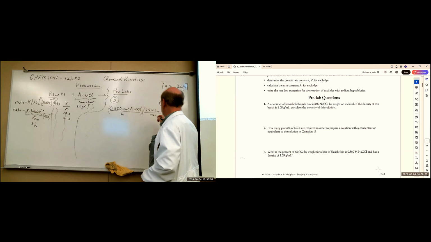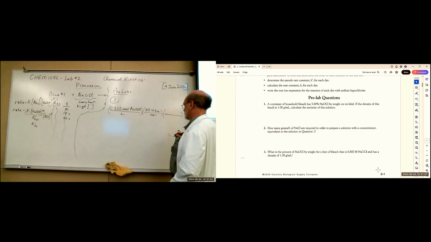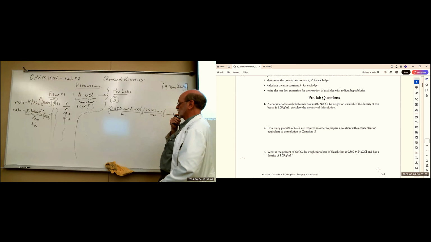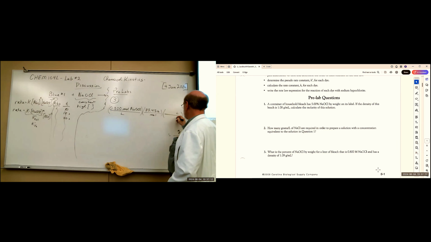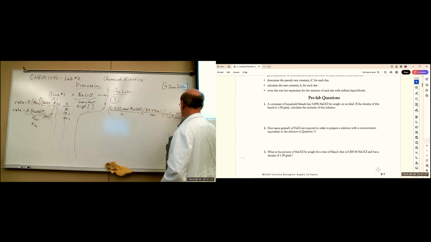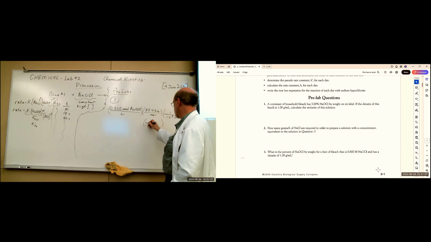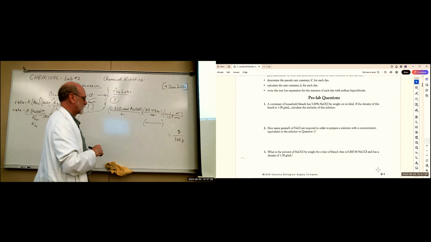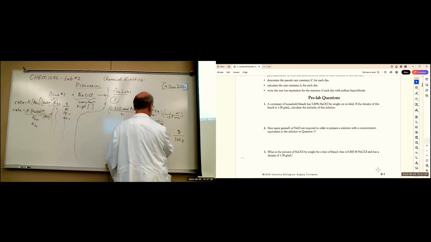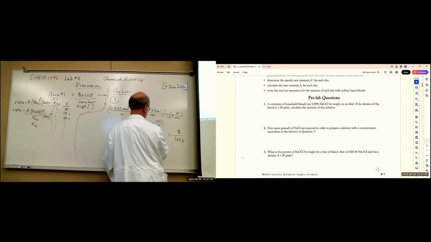Now we want to reduce that liter to 100. Actually, we want to make milliliters out of it first, don't we, in order to use the density. So liters to milliliters, that's 10 to the third. That gives us milliliters of solution. Now we can multiply by our density factor, 1.09 grams per milliliter. Milliliters has to be on the bottom so they cancel.